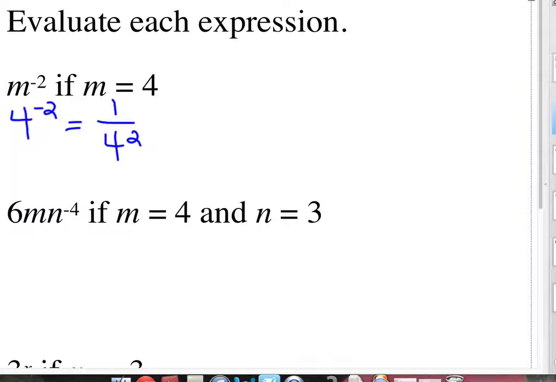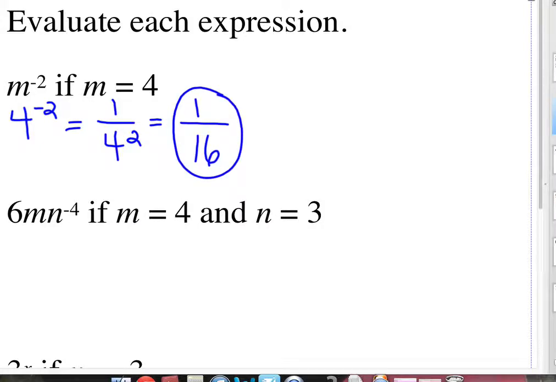Well, we're getting there. But you can solve that one step further. What is 4 to the positive 2 power? Or 4 squared? Or 4 to the power of positive 2? It's 1 over 16. And you can stop at that point.